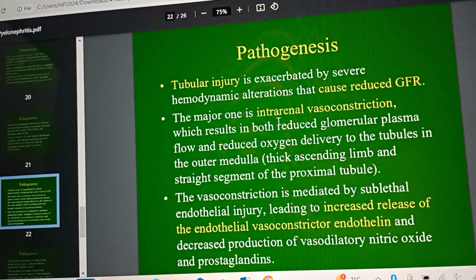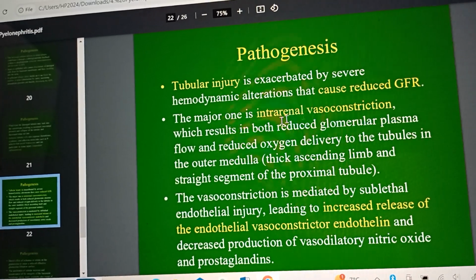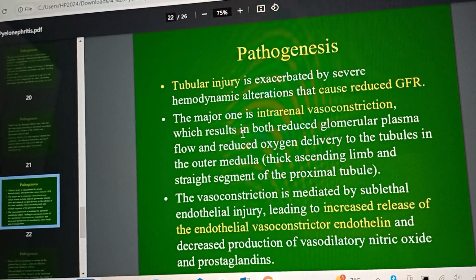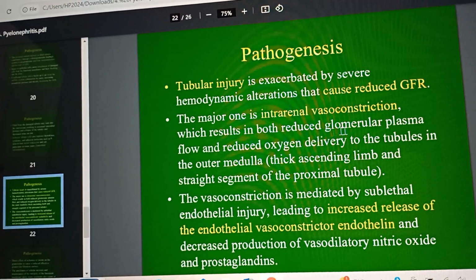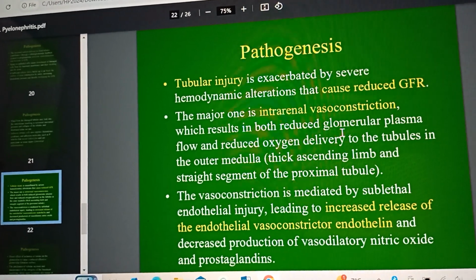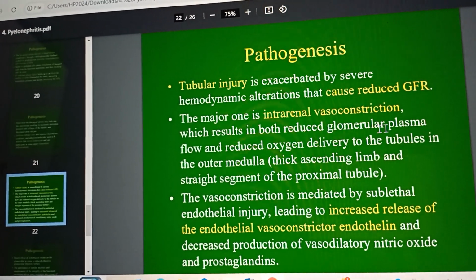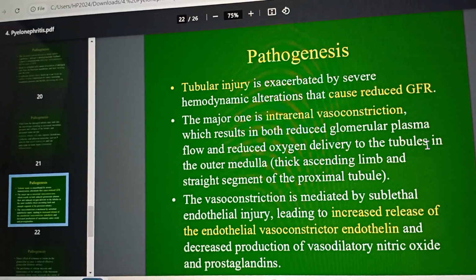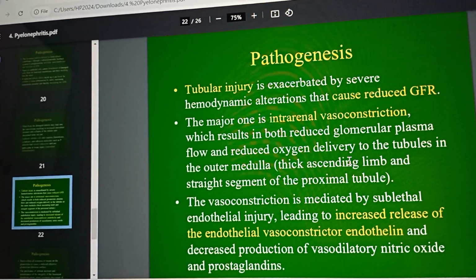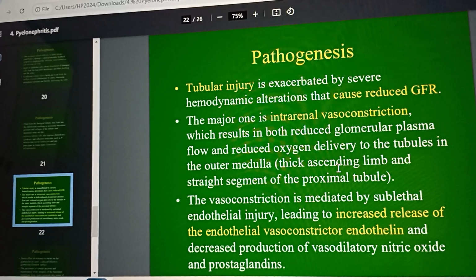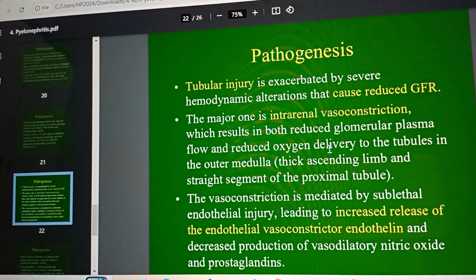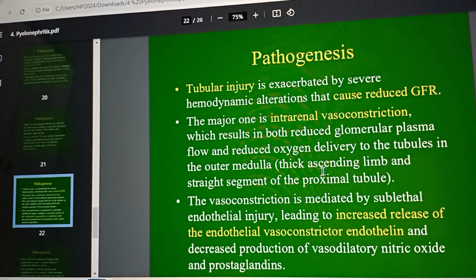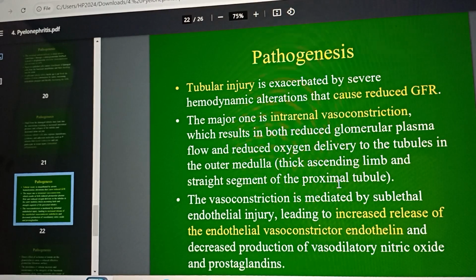Whenever there is vasoconstriction, the glomerular filtration rate and the plasma flow in the glomeruli are reduced. So the oxygen supply to the tubules is reduced, right? There is reduced oxygen delivery to the ascending limb and to the proximal tubule.